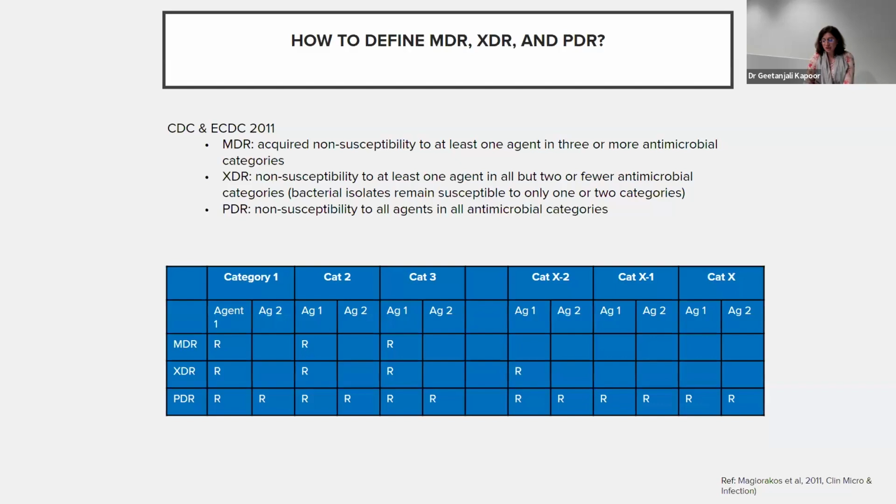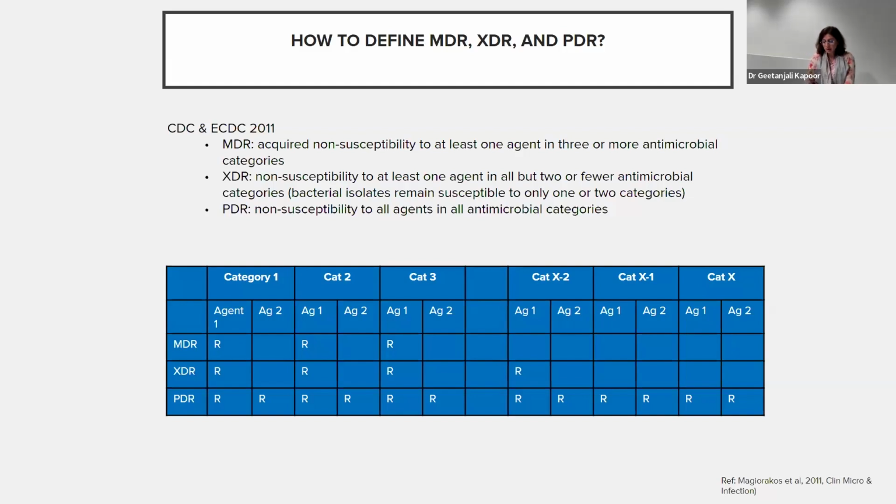Now we move to the terminologies MDR, XDR, and PDR. You all would have heard of these. I would just give a very quick talk about how you define these based on the CDC and ECDC 2011 document. As you can see on this slide, I have divided it into a few columns and rows.